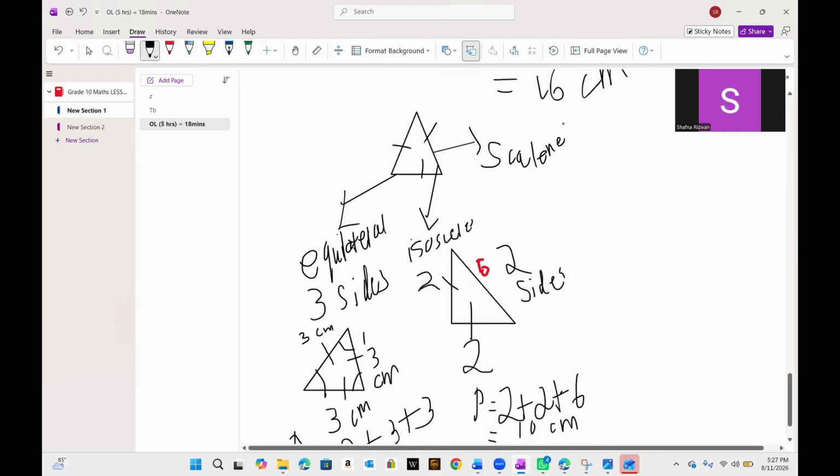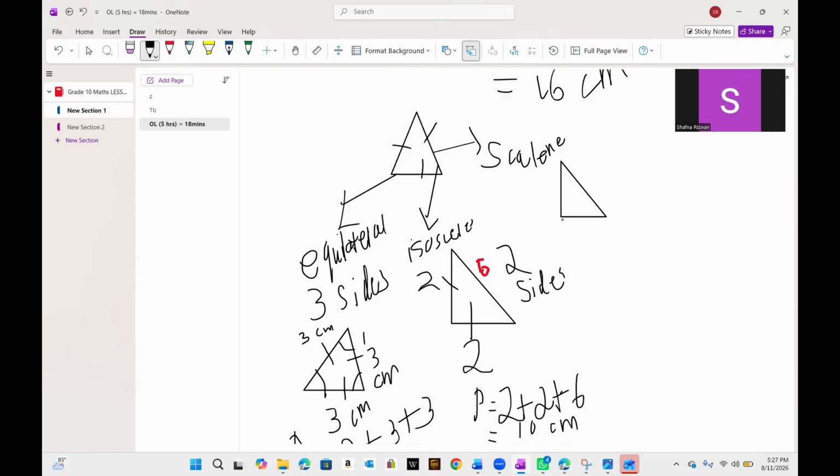And when it comes to a scalene triangle, all the three sides are unequal, or you can say not equal. Here it's different, here it's different, and here also it is different.